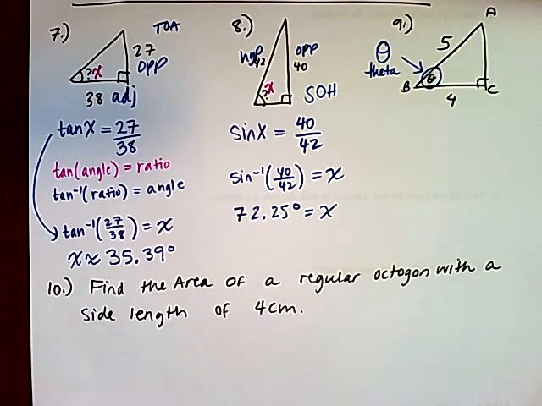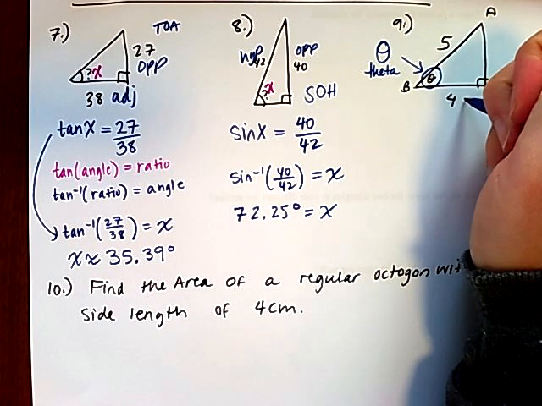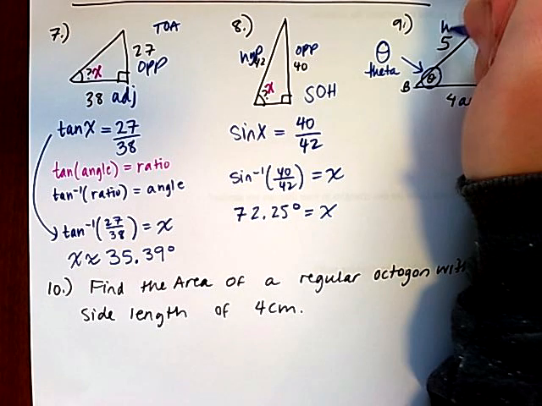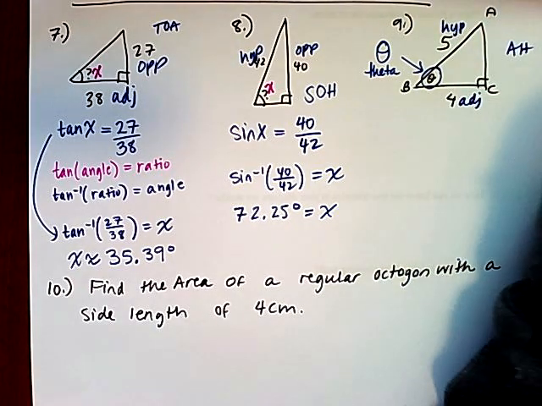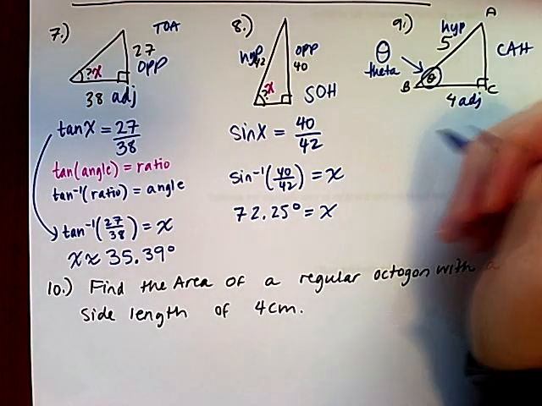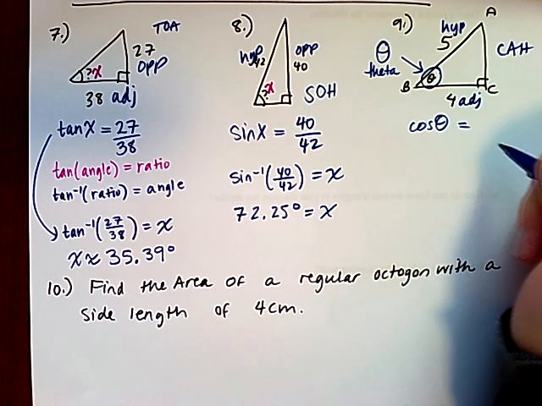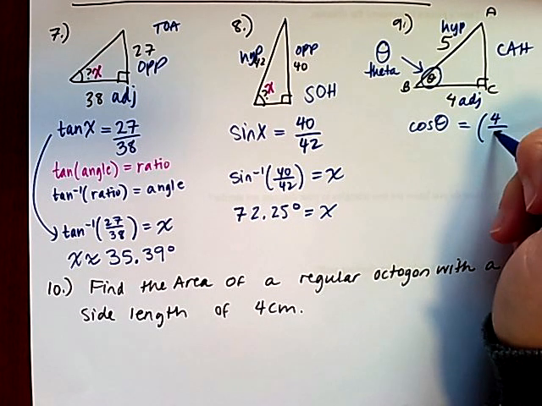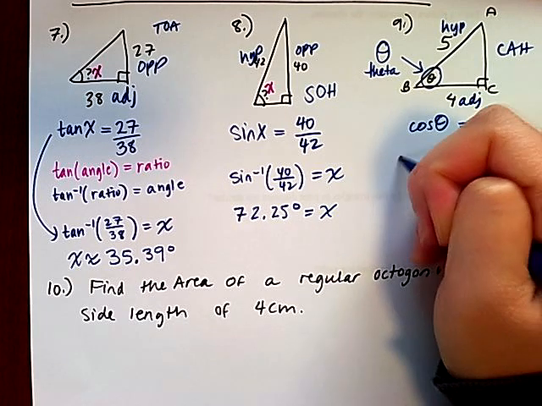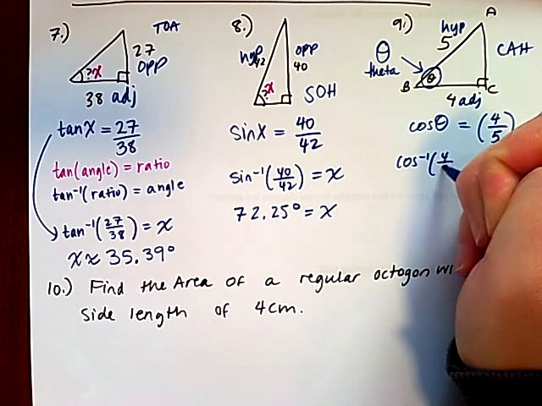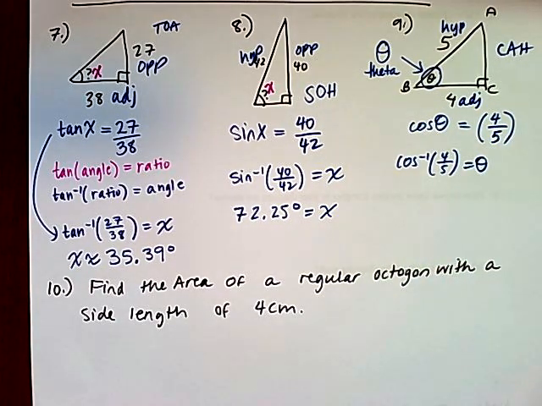Okay, so my solution would be I have the adjacent side and I have the hypotenuse. So that is AH, cosine. So I would do cosine of theta is equal to 4 over 5. And that means cosine inverse of 4 over 5 should tell me theta.